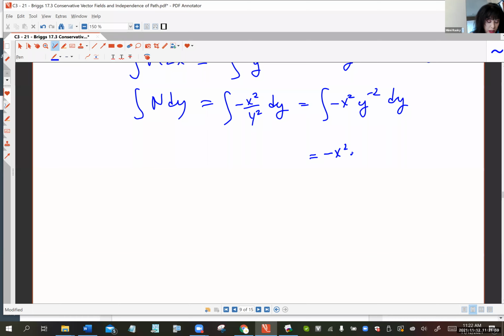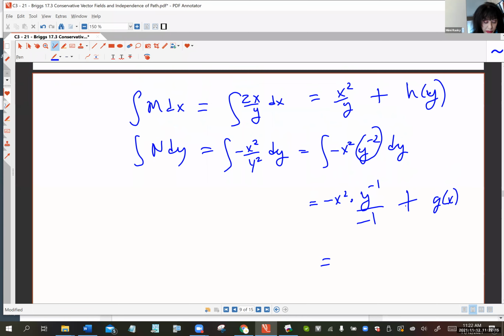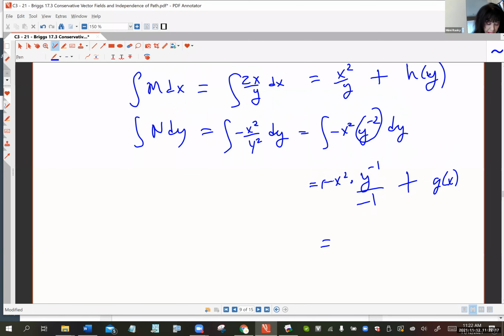The negative x squared is a constant multiple. And then the antiderivative of y to the negative 2 is y to the negative 2 plus 1, which is negative 1. Divide out by negative 1 plus some function of x. And then clean this up and rewrite it with positive exponents only. And here we have a negative times a negative, so we'll have positive. And then we have our d of x.